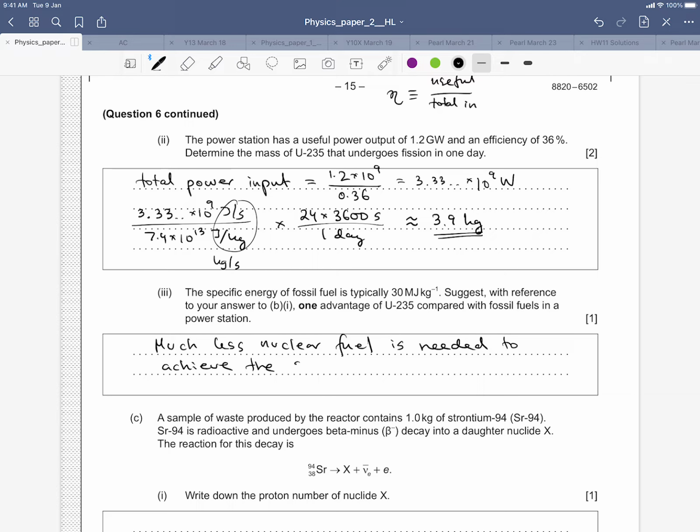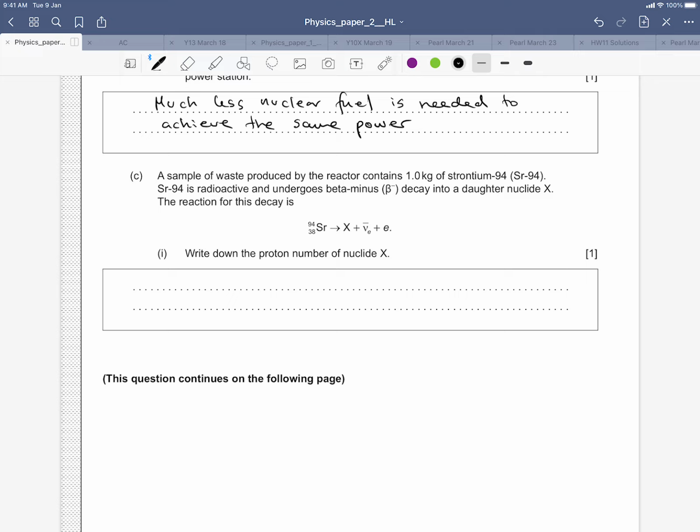Okay, so strontium is one of the waste products. It's radioactive. So now this question moves into a radioactivity question. It undergoes beta minus, and we know beta minus is an electron, right? So we have a nice little electron over there and an anti-electron neutrino.